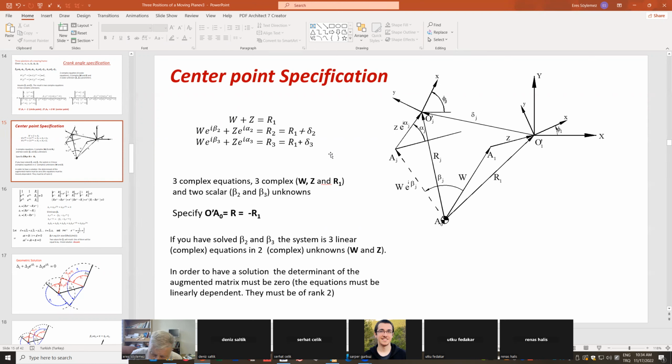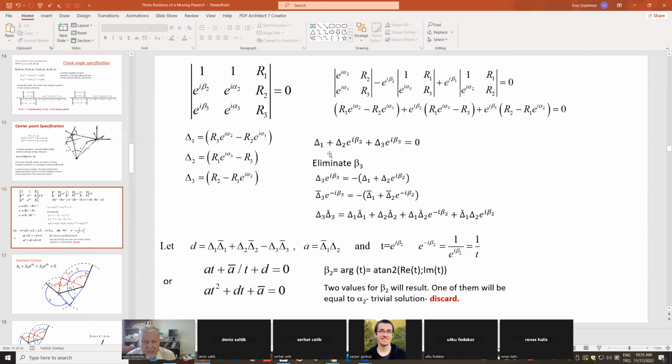The highest order of the determinant is 2. The 3 by 3 determinant will be equal to 0. Only in that case, you can have a solution. Meaning, this is the determinant of the augmented matrix. We shall be using this over and over.